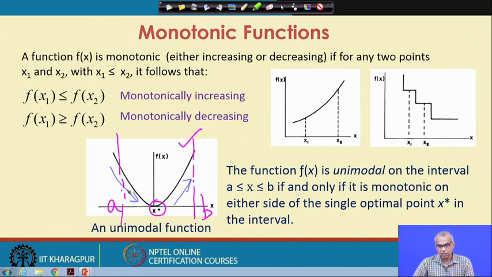So, the function f(x) is unimodal on the interval a to b if and only if it is monotonic on either side of the single optimal point x star in the interval. So, you can see on the right hand side of the x star, the unimodal function as shown in the figure is monotonically increasing, and on the left side of the minimum point x star, the function value is monotonically decreasing.